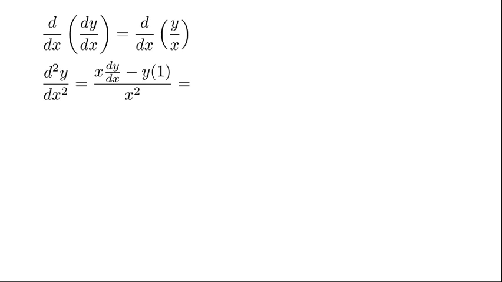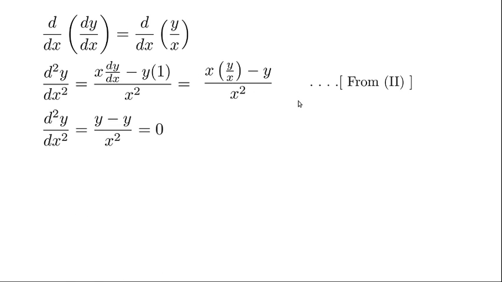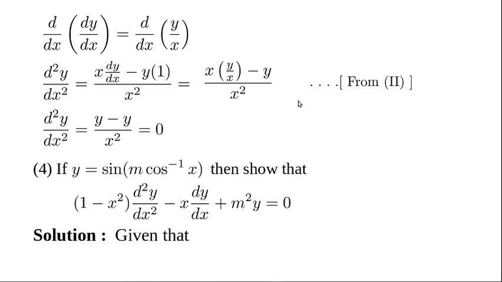Now here value of dy by dx is replaced by y by x from equation 2. Therefore it gives you (x into y upon x minus y) upon x square. So here these two x get cancelled. We get numerator as y minus y upon x square. Therefore d square y by dx square works out to be 0.